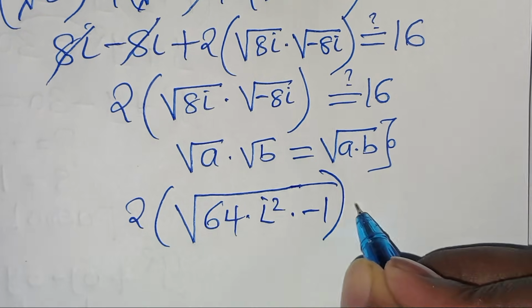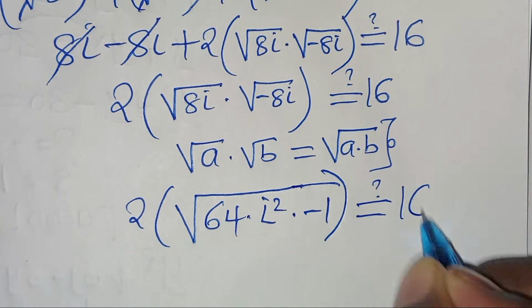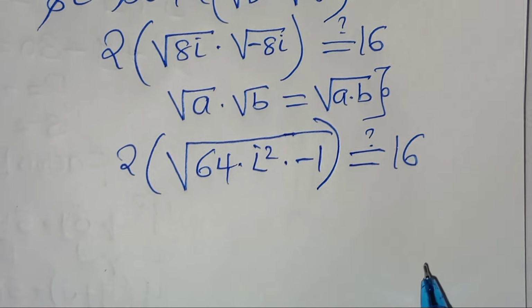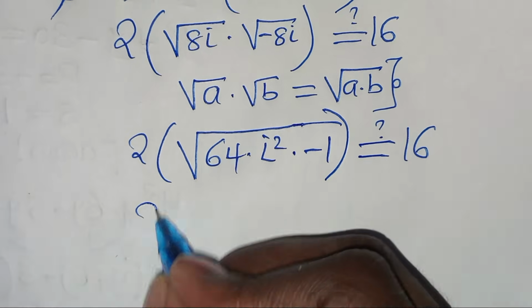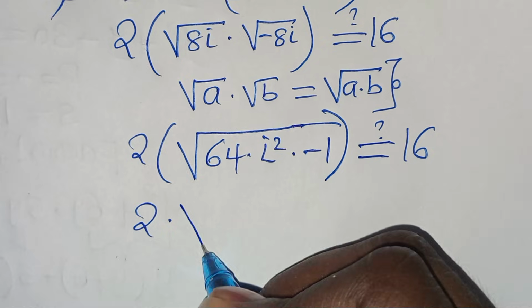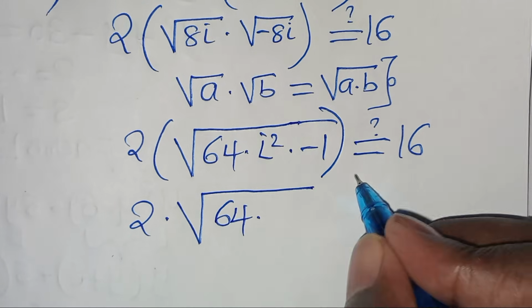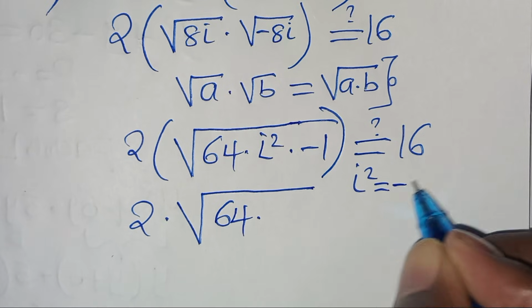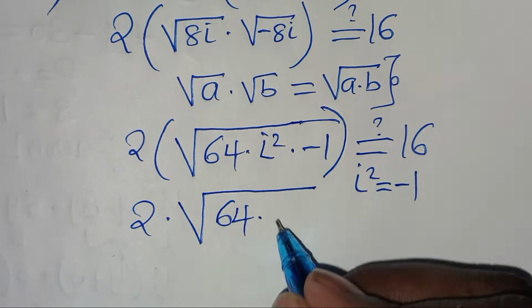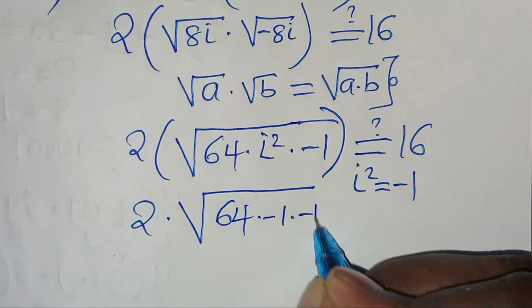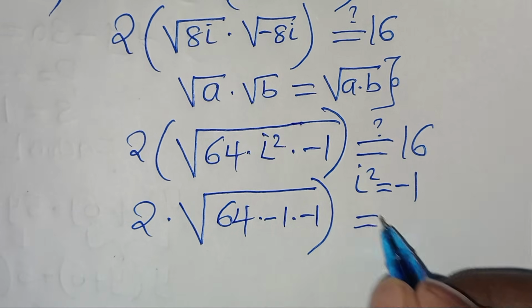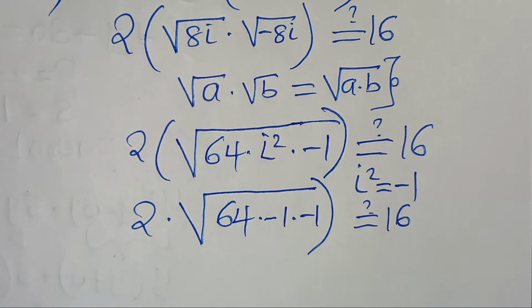Close the parentheses. This should give us a value of 16. Now, we have 2 multiplied by the square root of 64 multiplied by i squared, which is equal to -1. So we have -1 here times -1. This should give us a value of 16.